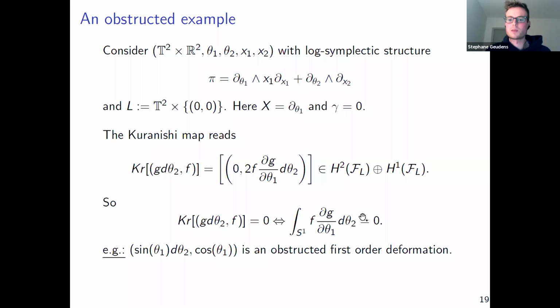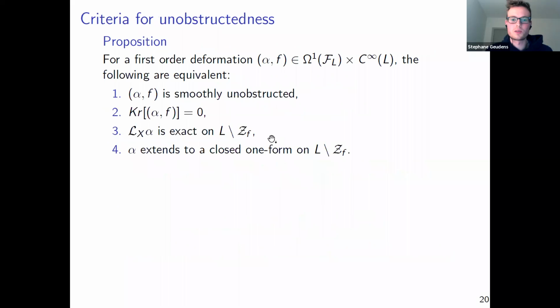So our deformation problem is obstructed. Let's not go into that. But this is in contrast with the symplectic case, because in symplectic geometry it's unobstructed, and in our case it's obstructed. But what I want to say is that even though the problem is obstructed, there are computable criteria for unobstructedness. So you can tell exactly when a first order deformation is obstructed and when it's not.